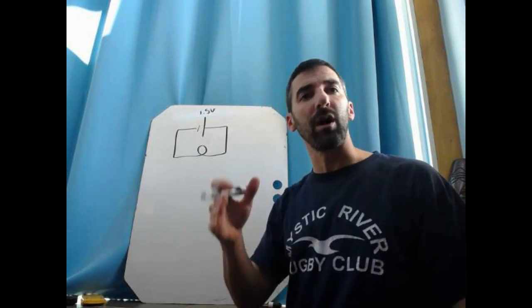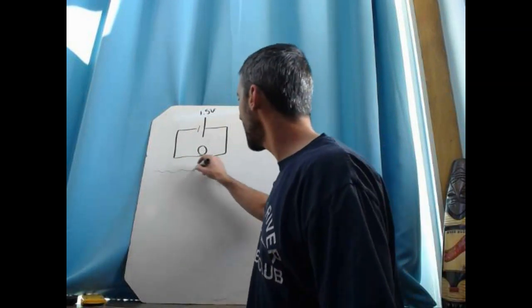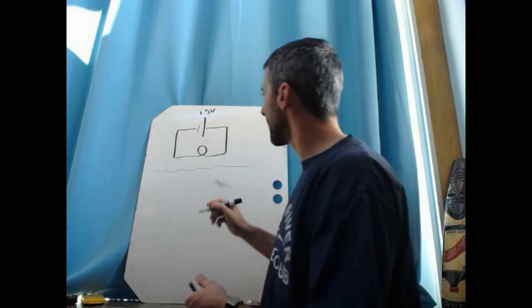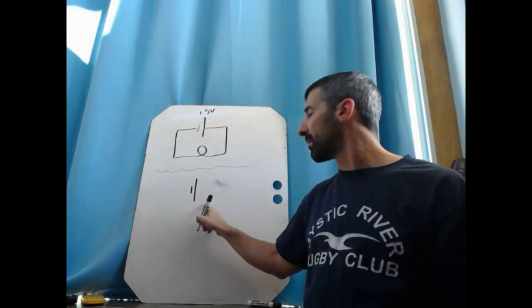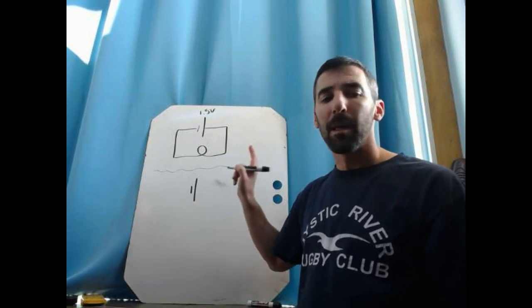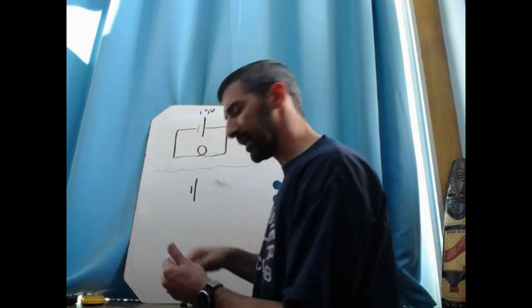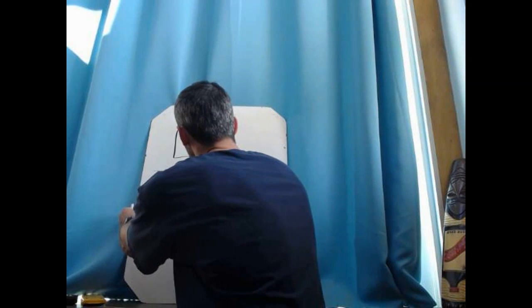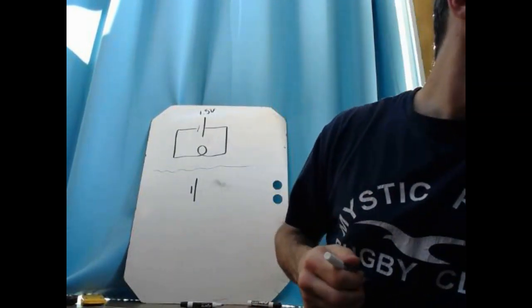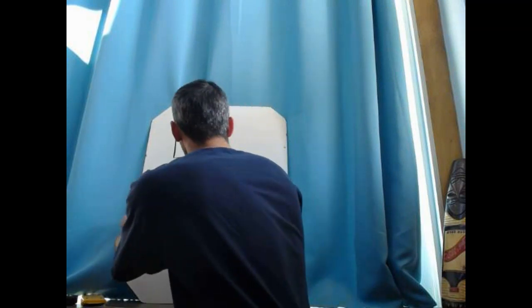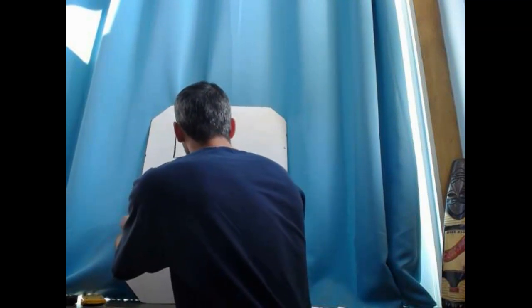So if I were to draw a real battery, I'm going to get rid of that. Well, I'm going to keep that there. And I'm still going to put my small and my big, my plus side, my minus side. But I'm going to attach to it, I'll just put it in a different color so we can see it. That is not the thickest marker. Try that again. That is the same black.